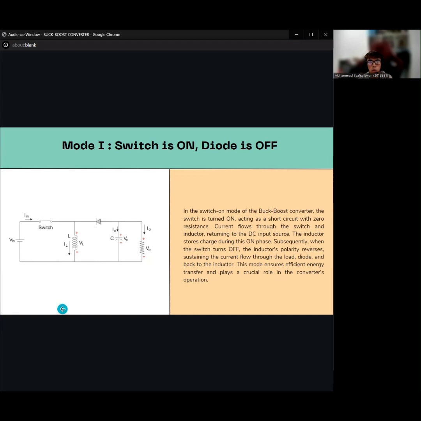The inductor stores charge during this on phase. Subsequently, when the switch turns off, the inductor's polarity will be reversed, sustaining the current flow through the load, diode, and back to the inductor. This mode ensures efficient energy transfer and plays a crucial role in the converter's operation.